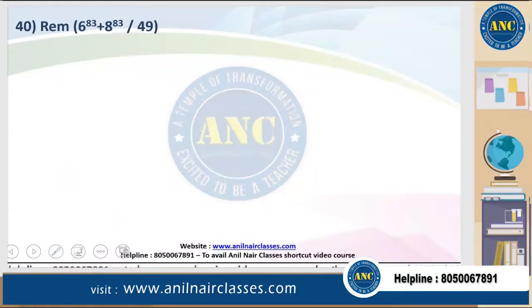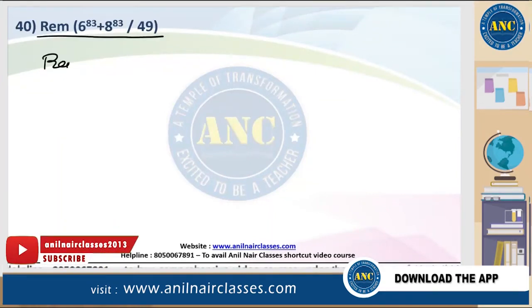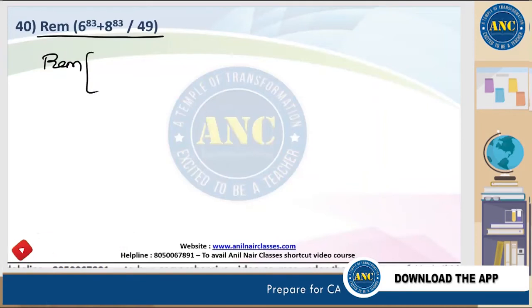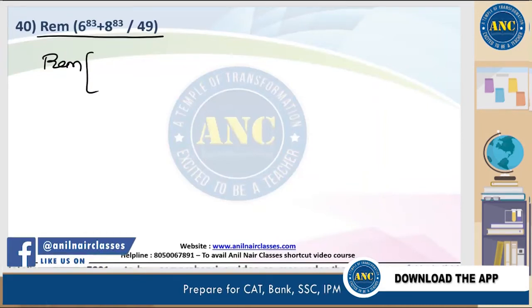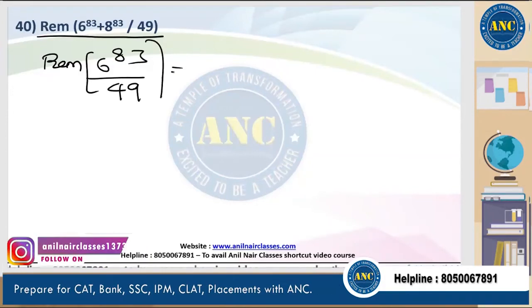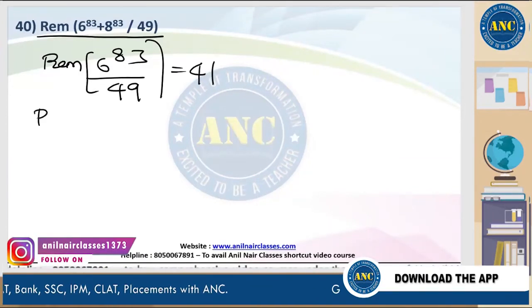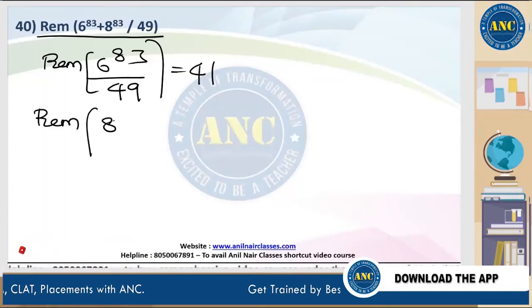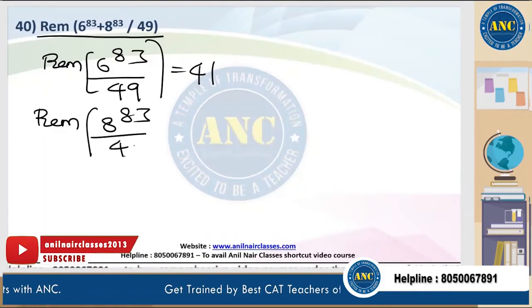39th, 40th question. Now this already we did. 6 power 83, how much we got? 6 power 83 by 49, we got 41. 8 power 83, how much we got? 43.